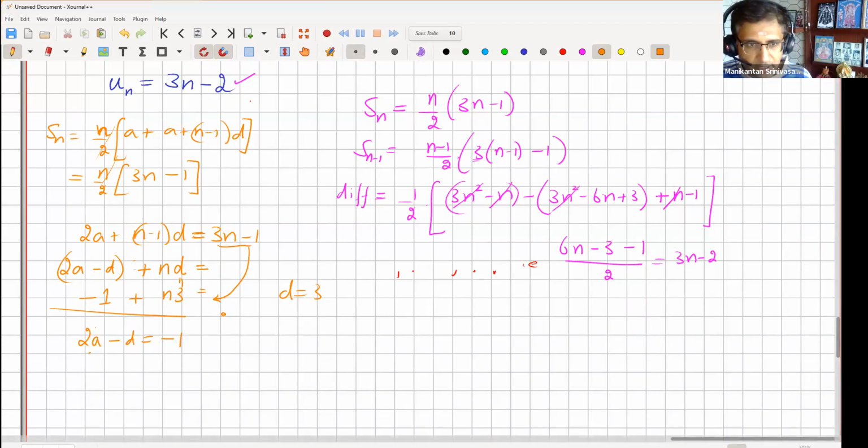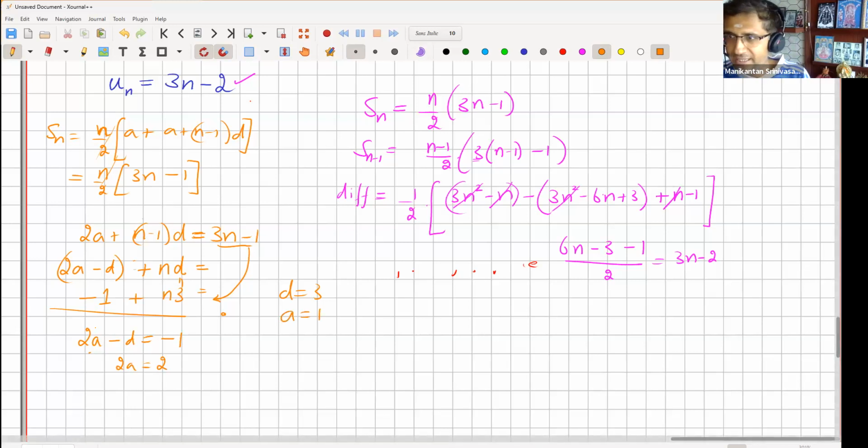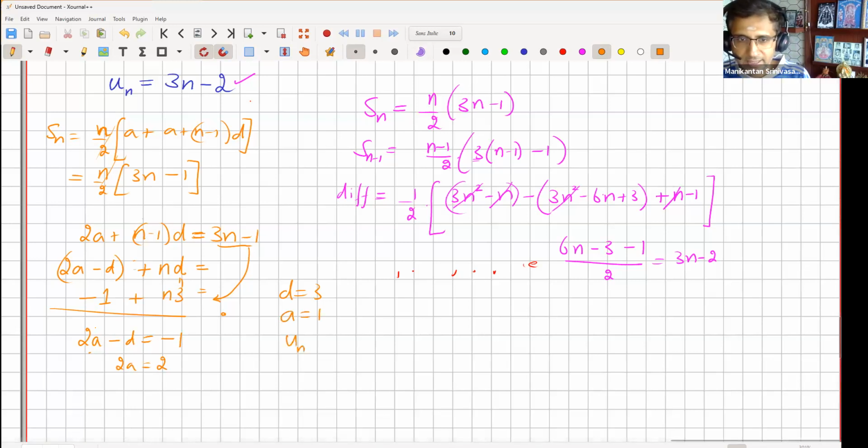So which means 2a is minus 1 plus 3, which is 2, which means a is 1. So I know my a, I know my d, therefore my un is a plus n minus 1 times d. So 1 plus n minus 1 times 3, which works out to be 1 plus 3n minus 3, which is the same 3n minus 2. Rahul, you're with me completely on this one?